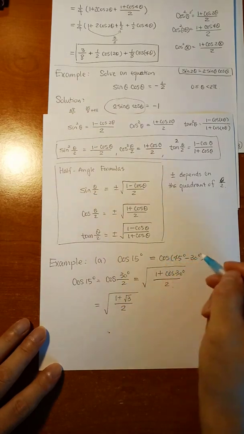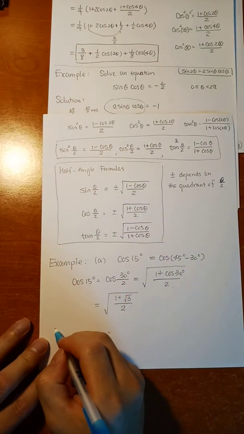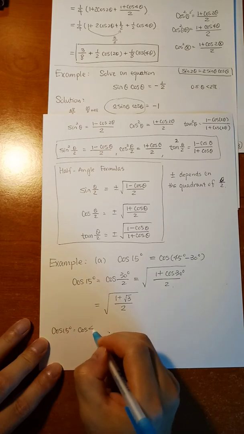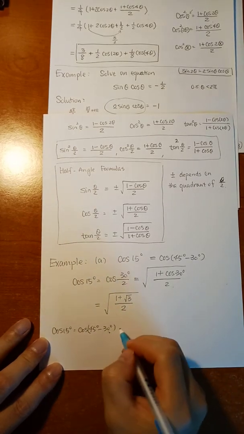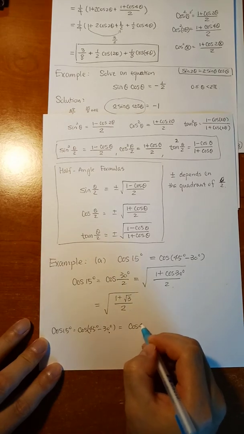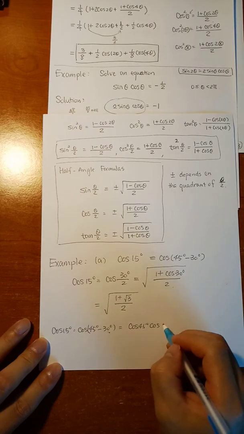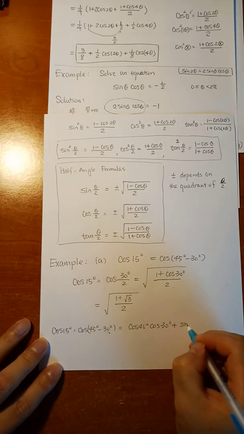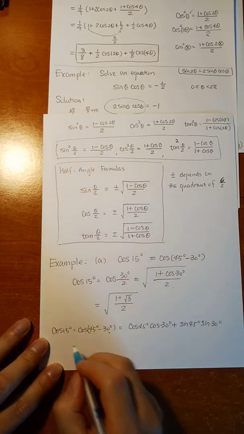Let's compute cosine 15 degrees from the difference formula. So cosine 15 degrees is cosine of 45 degrees minus 30 degrees. So by the formula, it's cosine 45 degrees cosine 30 degrees plus sine 45 degrees sine 30 degrees.